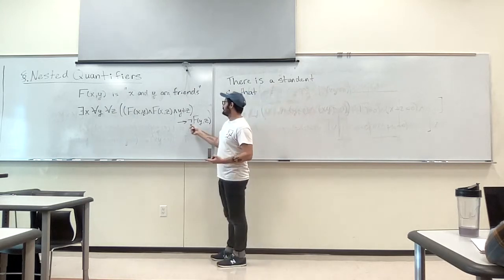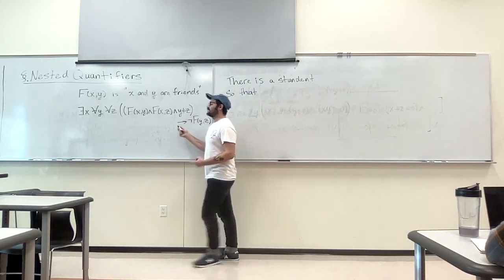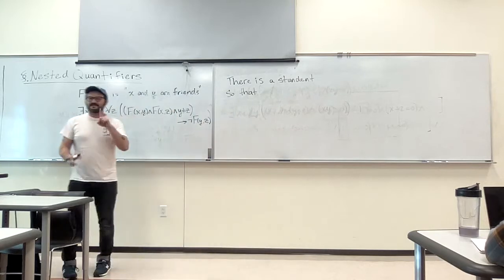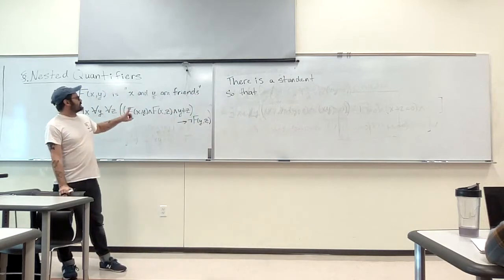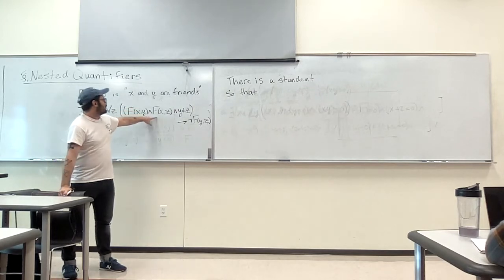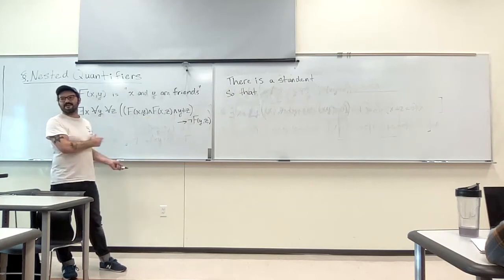That's what it's saying. It's so that there is a student so that every friend of this student is not friends with another friend. Yeah, that's what it's like, we're distilling it down now, right?